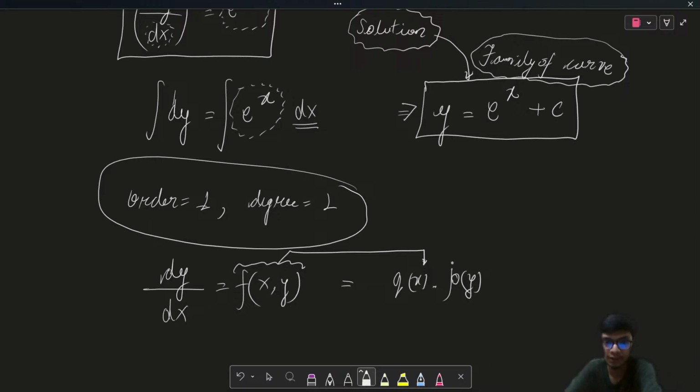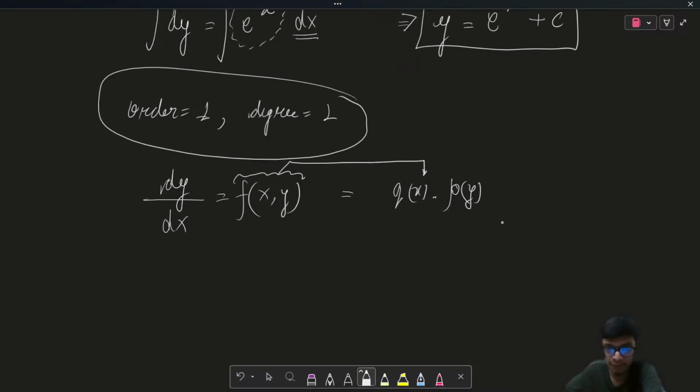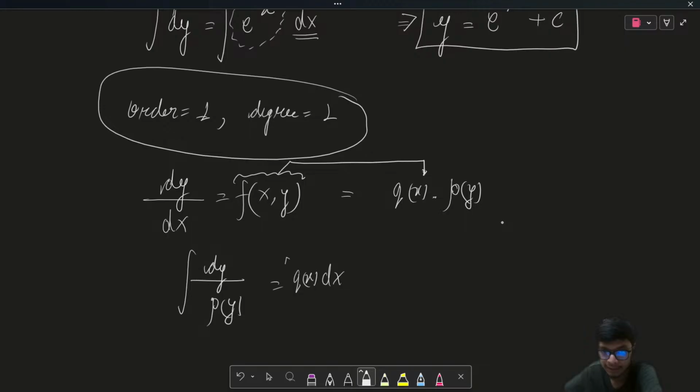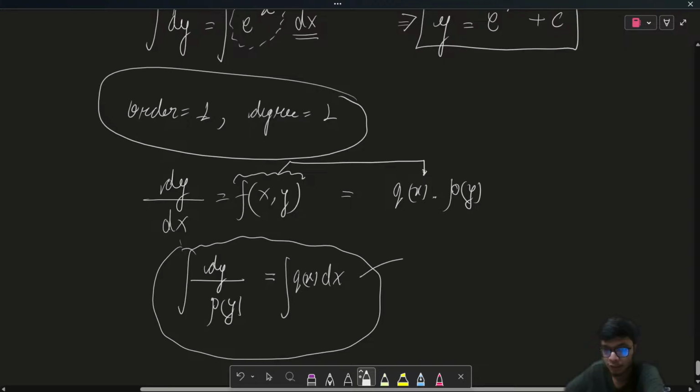Once you do this, the step to follow is that you will write dy upon the function of y is equal to dx times the function of x, right? Then you have to perform the integration with respect to the following integrands. Now if you perform this integration, you will get the required solution.